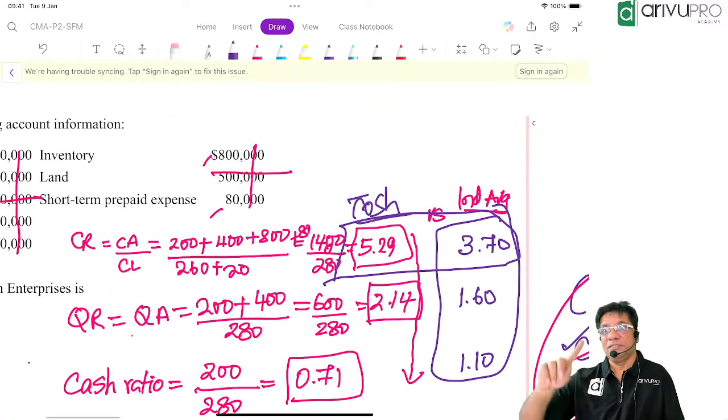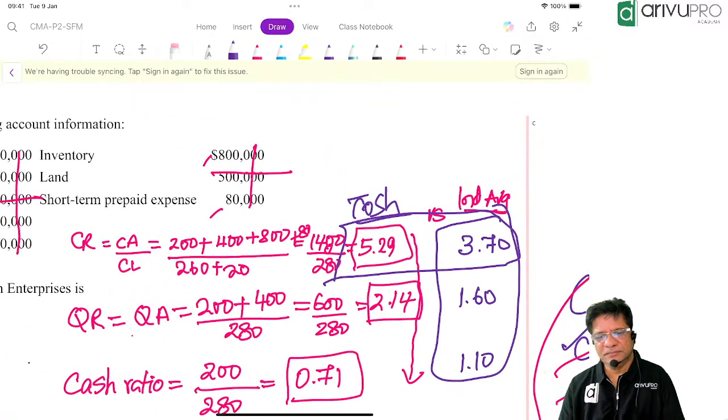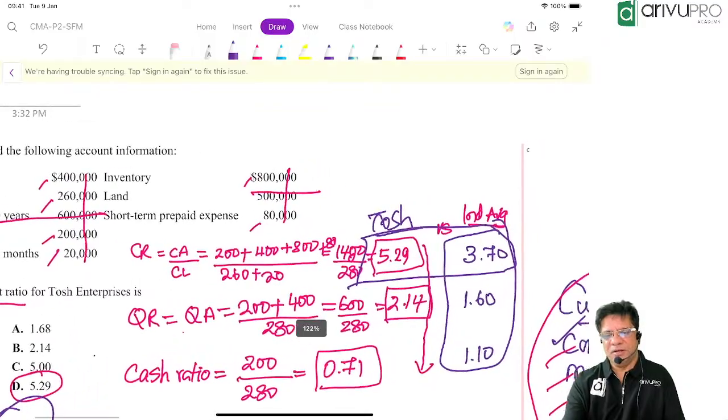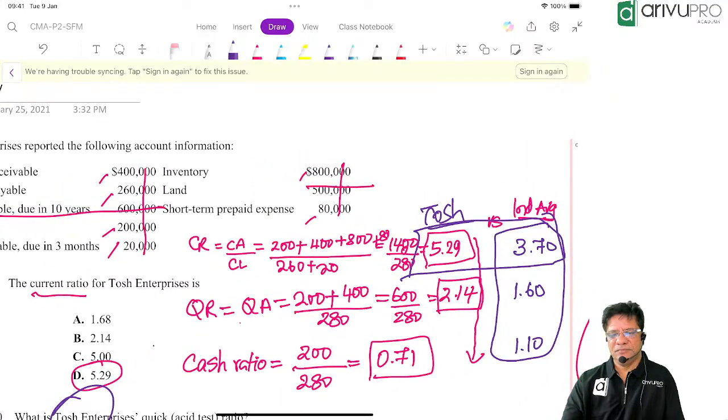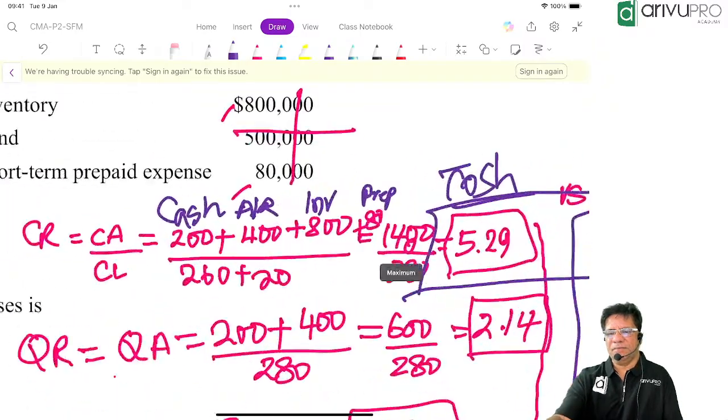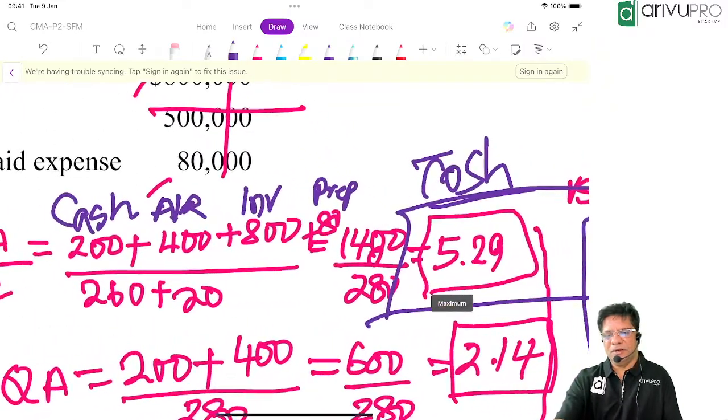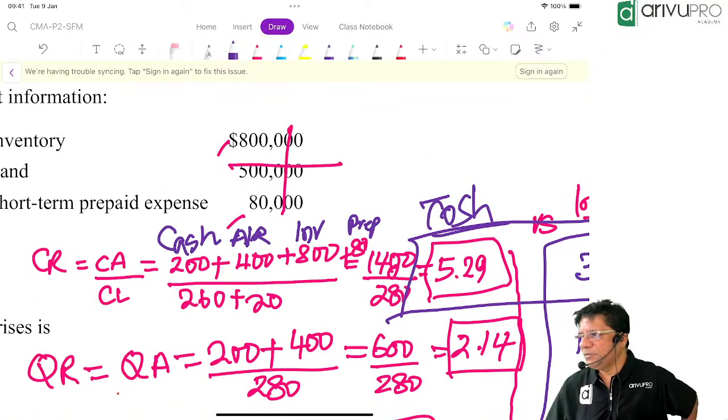But now my second question. In your current ratio, cash is 200. Uncollected AR is 400. You have inventory 800 and some book entry prepaid 80. Now, are you happy now? 5.29.